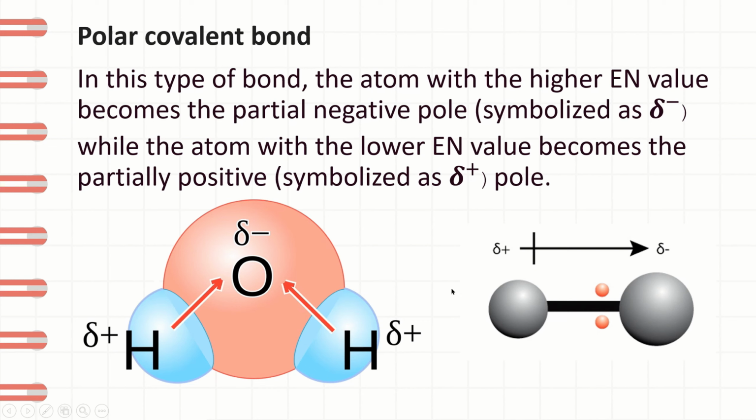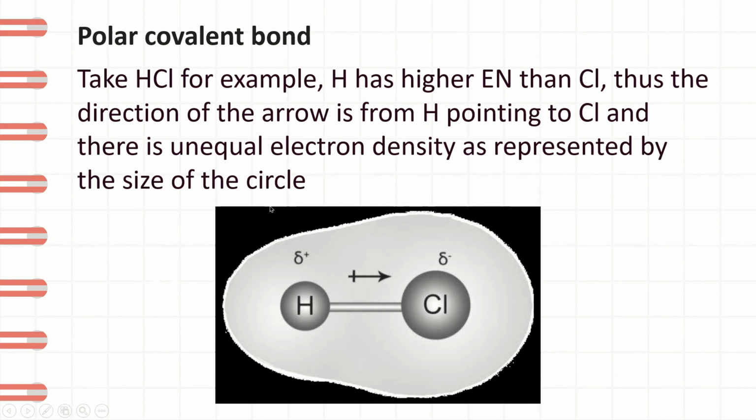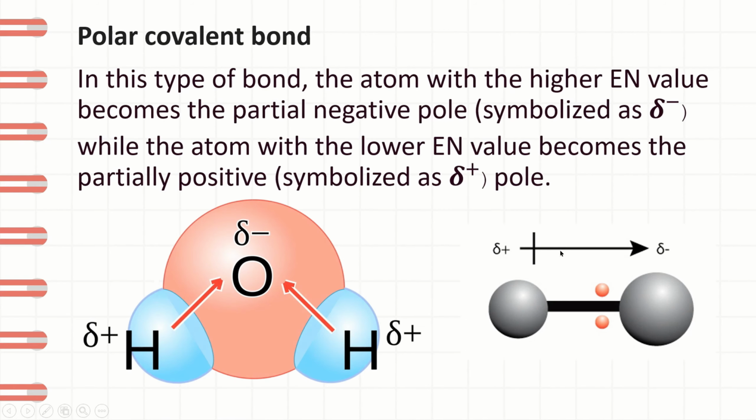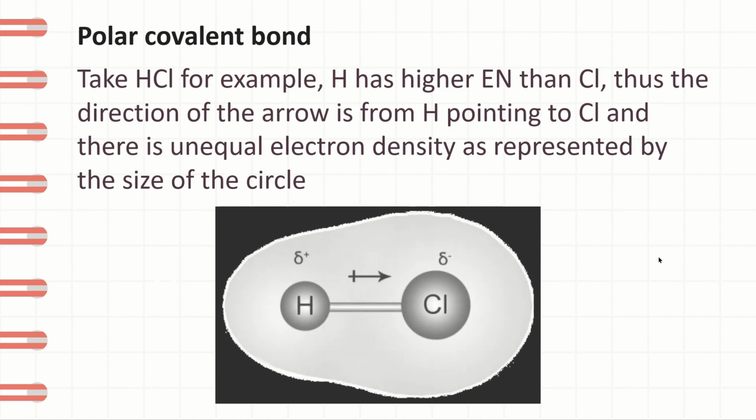So again, if its electronegativity is higher, it is partially negative, and if its electronegativity is lower, it is partially positive. This is not available in non-polar, because they share equally. As you can see, this is how it looks like. This is more positive, negative.